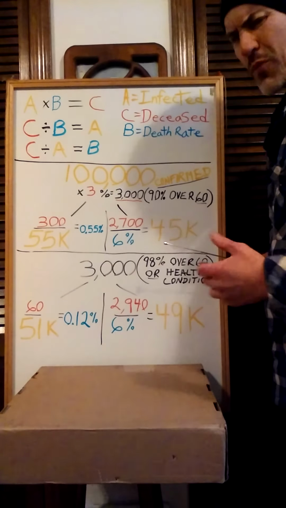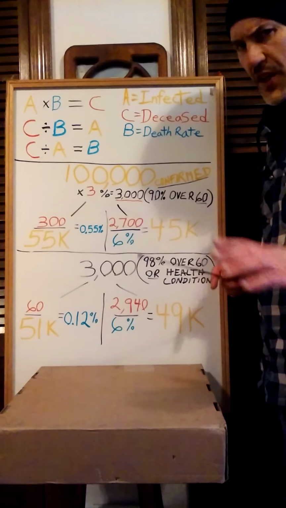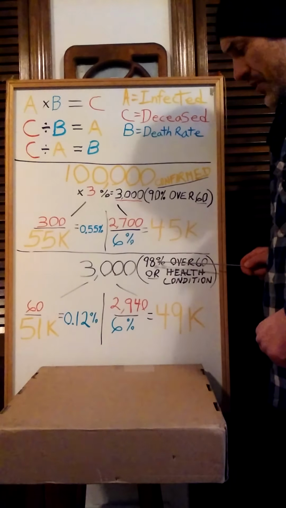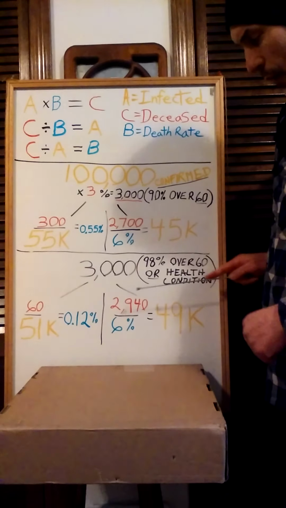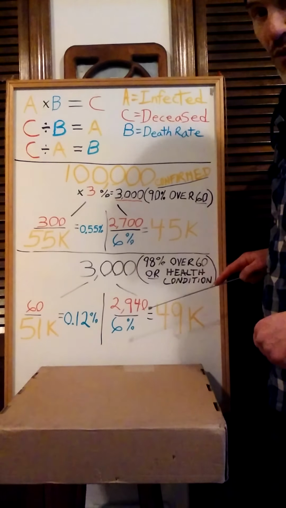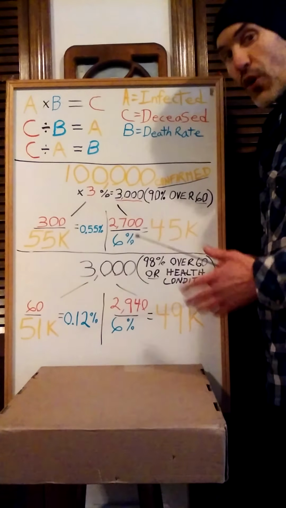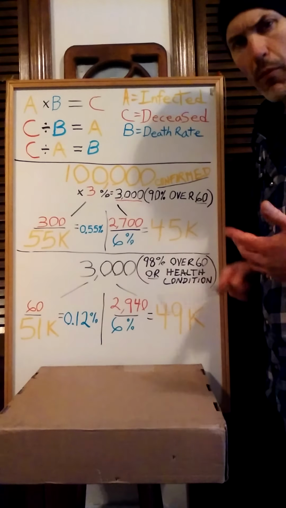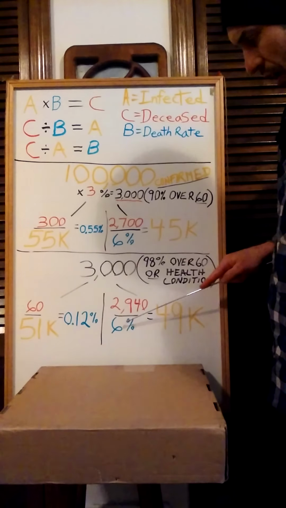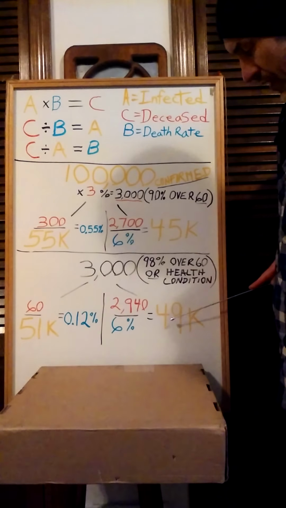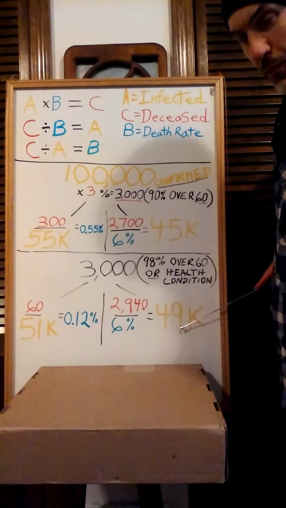It could be 96, could be 98%, it's going to be a lot more than 90 though. If it was 98%, then that would cause this number to be 2,940 of your 3,000 deaths attributable to people 60 and over or under 60 with compromised conditions. With the same 6% death rate, that puts us at 49,000 people.